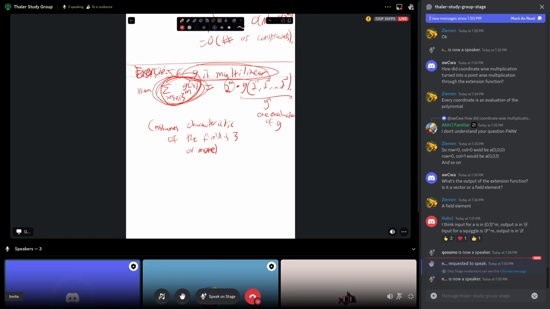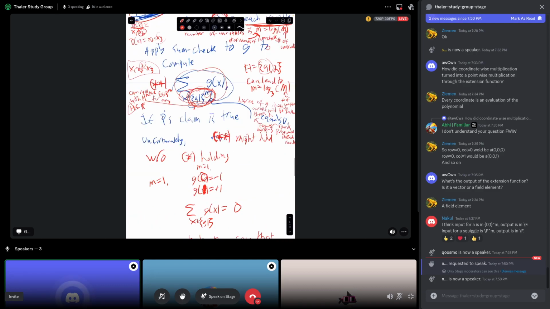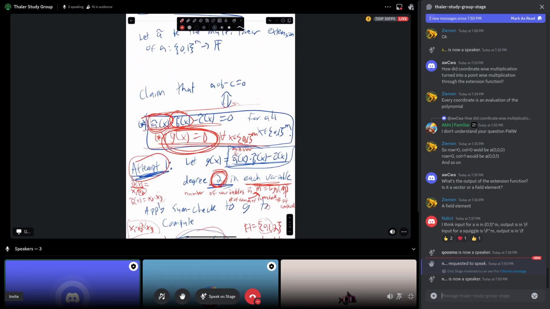If G were multilinear, that reduction would more or less be useless because you could just compute the sum with a single evaluation of G. So that's why it only ever makes sense to apply sum check, with 1 or 2 exceptions which I won't get into here, to a non-multilinear thing. But again, the non-multilinear thing is typically obtained by taking 2 or more multilinear things and multiplying them together.